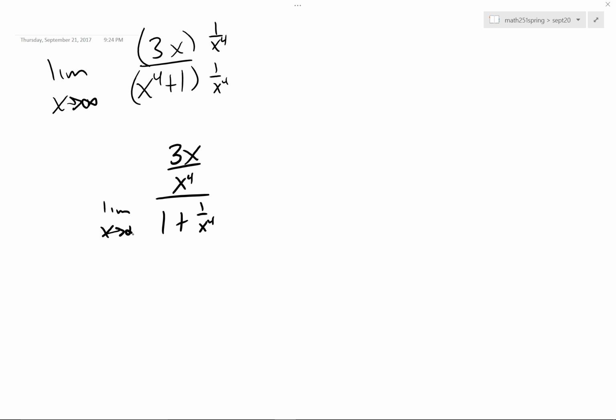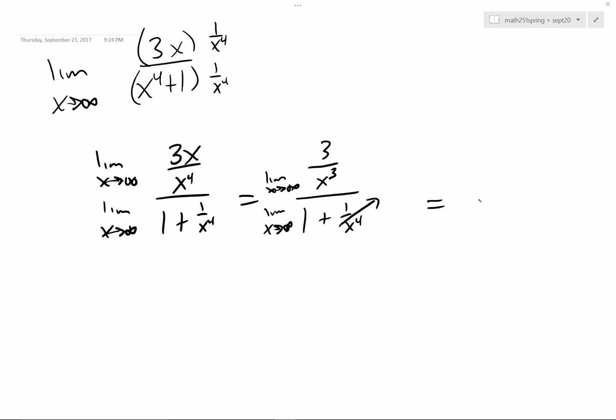All right, so here we have this. Now, this on top becomes 3 over x cubed. On the bottom, we have 1 plus 1 over x to the 4th. Now, what is the limit as x goes to infinity of these pieces? Well, the bottom is going to just 1.